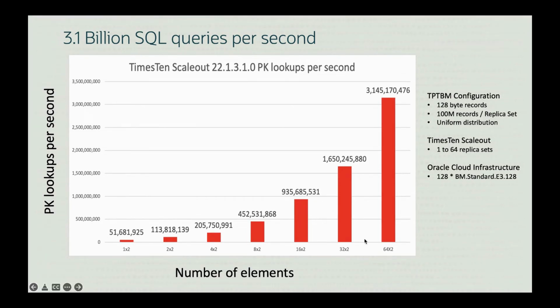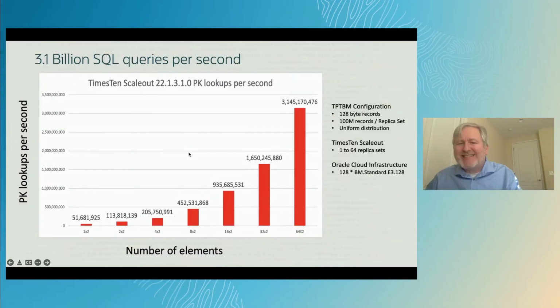If we use more shards, in this case 64 shards, with 2 copies of each of those shards for high availability, we can get a net throughput of 3.1 billion SQL queries per second. It's crazy fast. So 64 times 2 is 128. So we're using 128 of these AMD EPYC shapes on Oracle Cloud. So we've got really fast horizontal scaling by scaling out using TimesTen Scaleout.